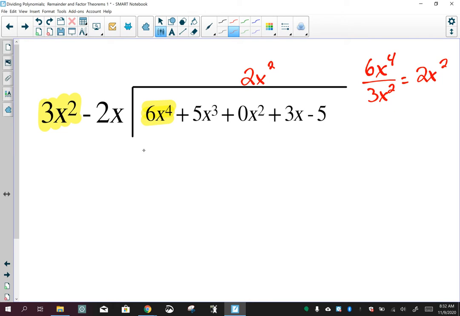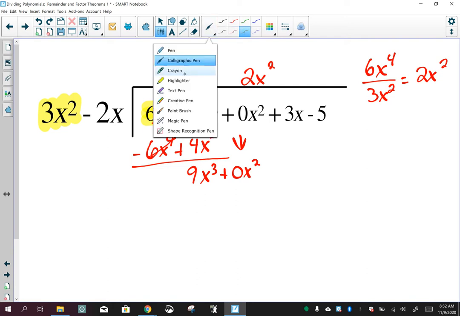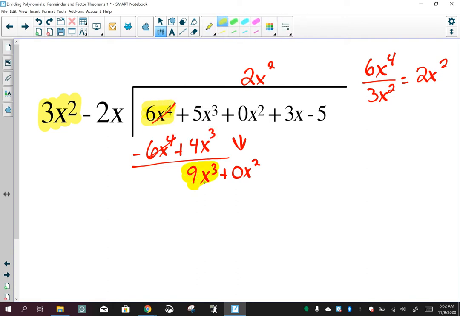I'm going to multiply everything through. That gives me a negative, so it becomes a positive 4x cubed. That goes away, leaving me with a 9x cubed. And I drop down my 0x squared. I have a new focus, which is this one right here.